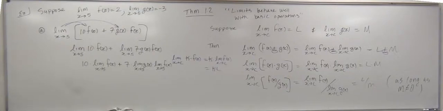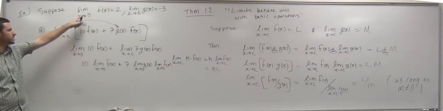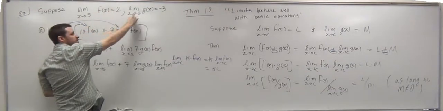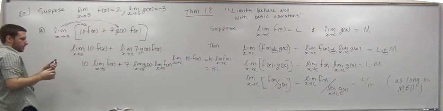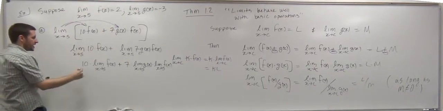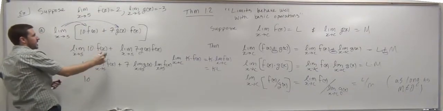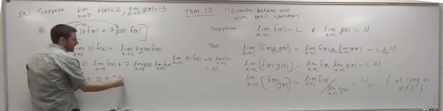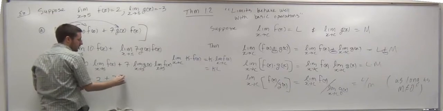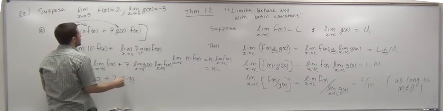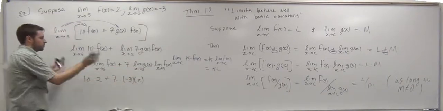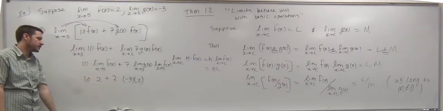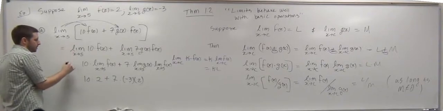Now you know what all this is. Limit as x goes to 5 of f of x, 2. That's what you were trying to simplify to one of these, because that's all you know. So this 10 will stay, but this will be times 2 plus 7 times the limit of g, which is -3. The limit of f is 2. 20 minus 42, -22.